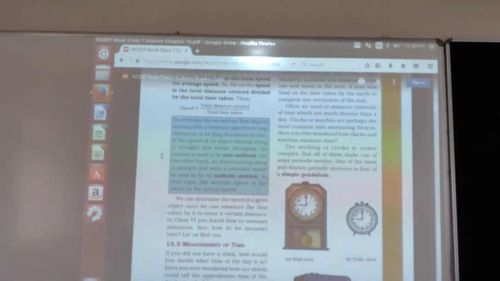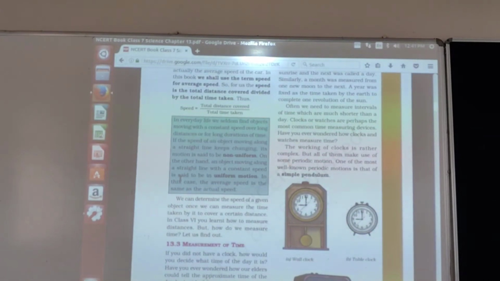For example, if there is a straight road and the vehicle moves very smoothly, we can say uniform motion. The speed of the vehicle is not changing. And sometimes there are bumpers and some peaks on roads, because of which sometimes our speed is more, sometimes less. So this is called non-uniform motion.